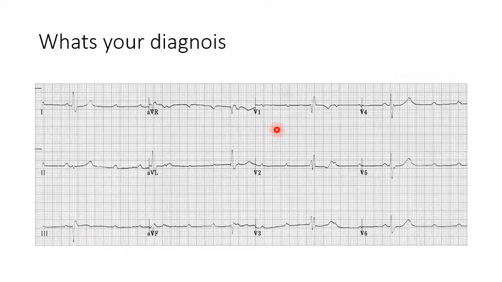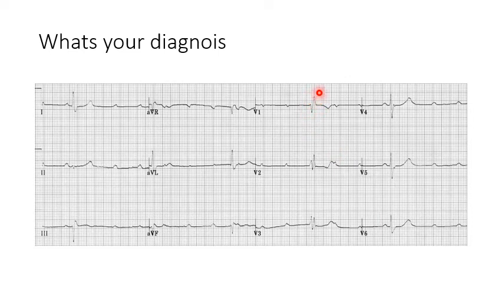Now the other thing that you need to see is V1. Usually V1 is downwardly directed and then gradually an upward R wave appears, if you know the normal ECG well. In this case, V1 is upright.